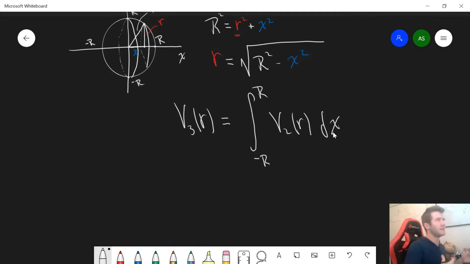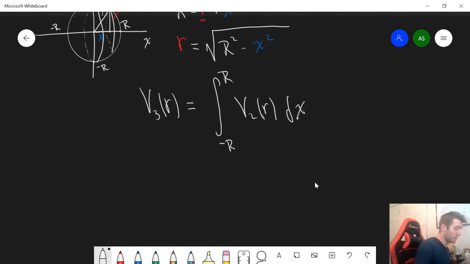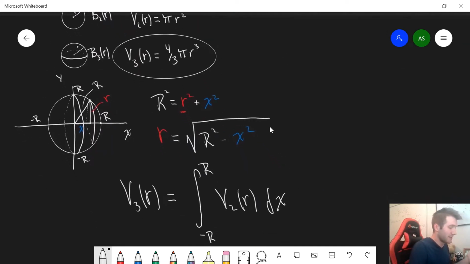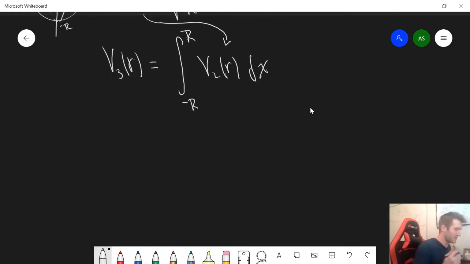Or our limit of integration is going to be with respect to x. So now what we've already proved or shown is that V sub 2 is just pi r squared. So what we want is to substitute our r in for the r in our two-dimensional sphere, our one-dimensional sphere in two-dimensional Euclidean space. So that is what we're going to be substituting.